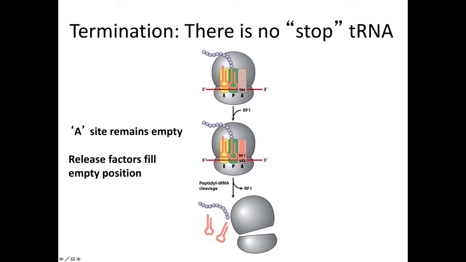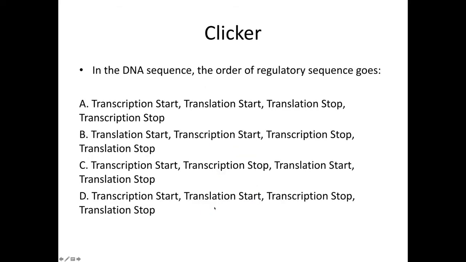And once the release factor enters the A site, the two ribosomal subunits come apart, the tRNAs are released, and then the long amino acid chain will also be released.